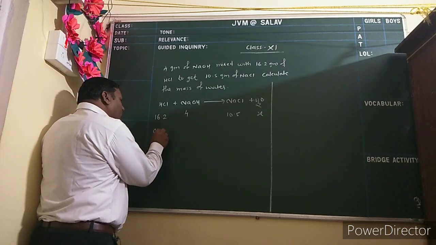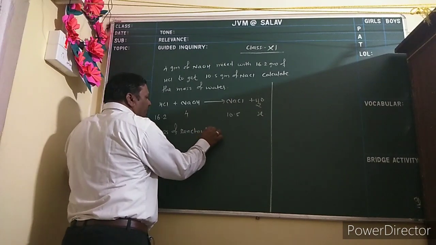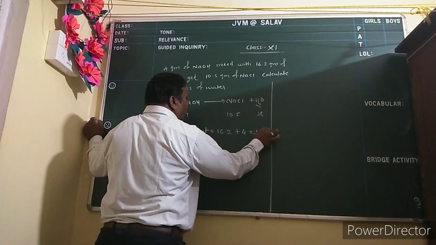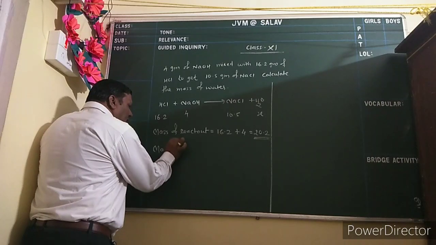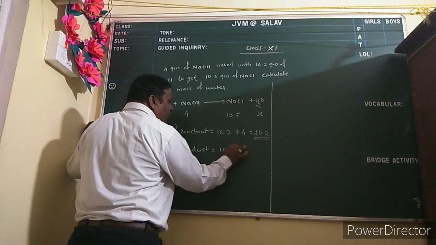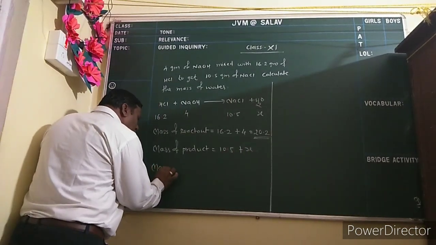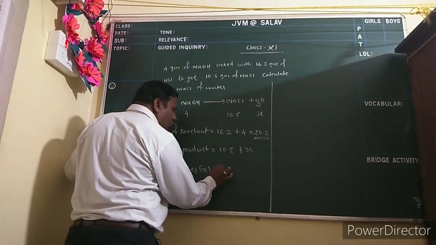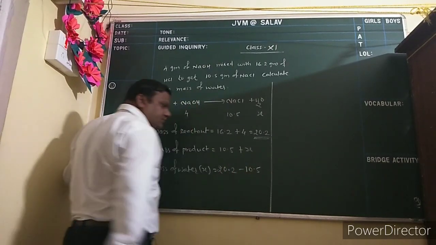First of all, the mass of reactant is 16.2 plus 4, it will be 20.2. And the mass of product is 10.5 plus X. So the mass of water, that is X, is equal to 20.2 minus 10.5.